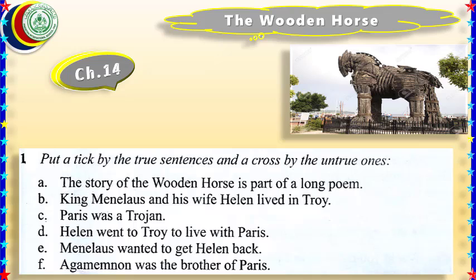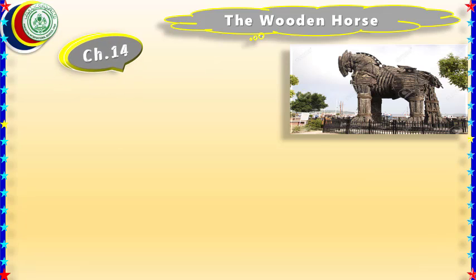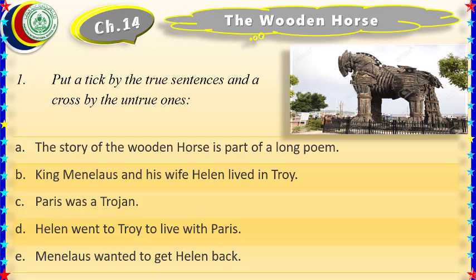The story of the wooden horse is part of a long poem. Yes, in the beginning of this lesson, we came to know Homer is the writer. Homer wrote two long stories, and this one is part of one of them.